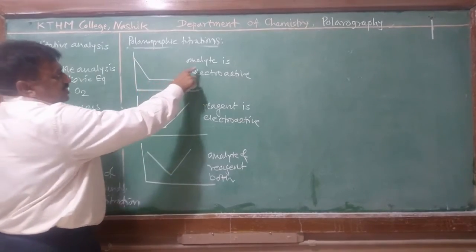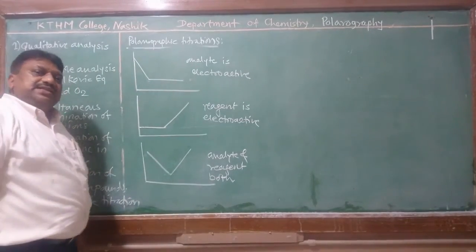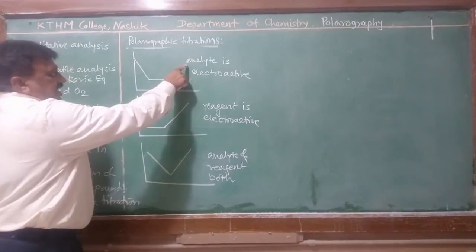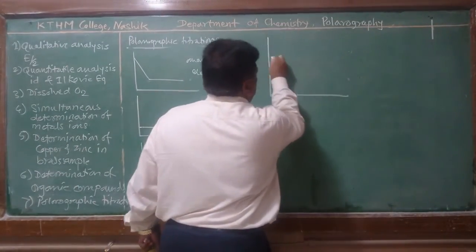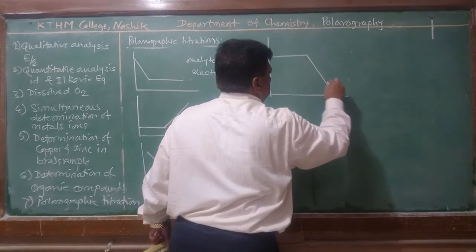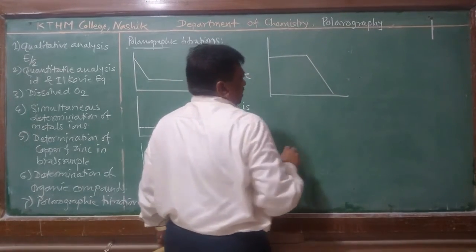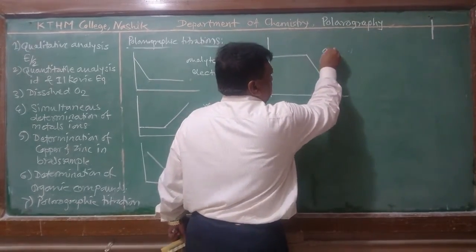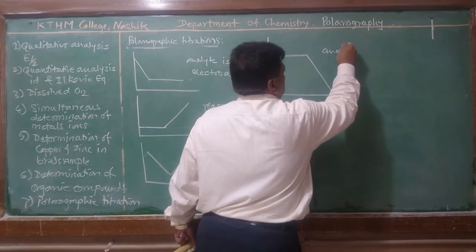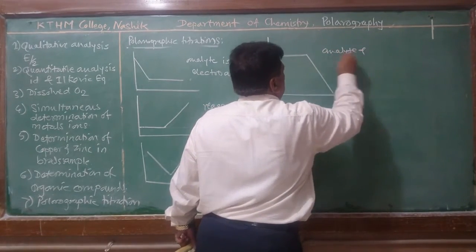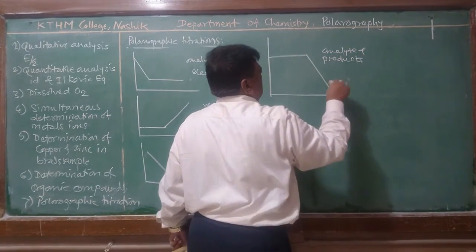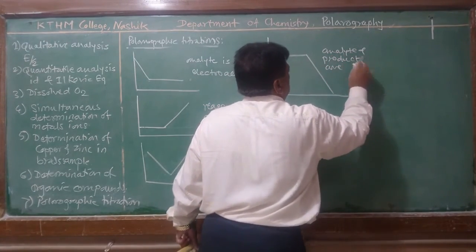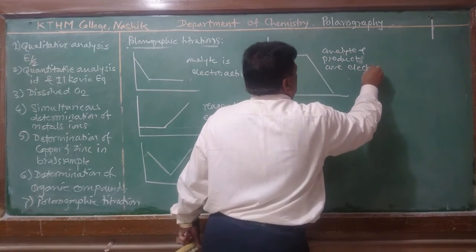Here an inverse L-shape is obtained when the analyte is electroactive, and the reagent and product are not. Similarly, this is the nature of a titration curve in which the analyte and product are electroactive.